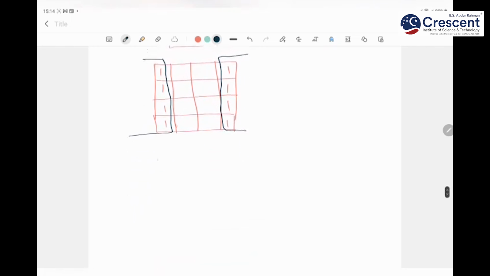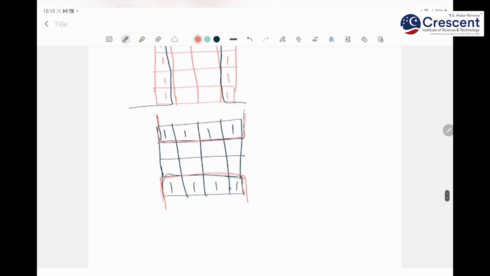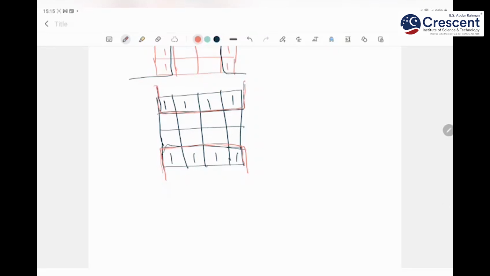Similarly, you can also merge this one as this and this one as a single group. So these things are all possible.